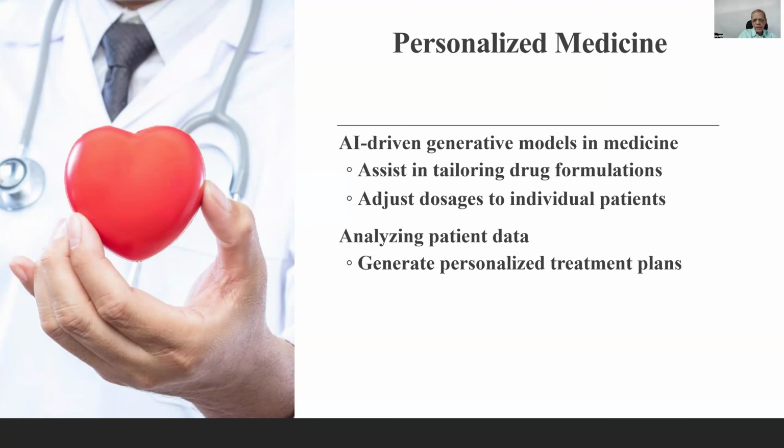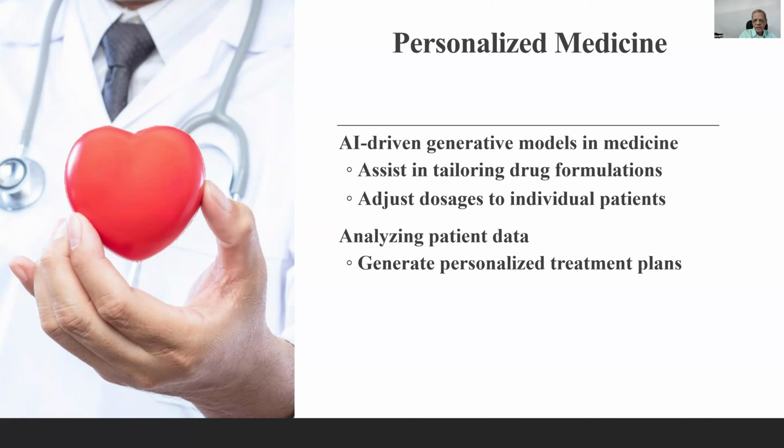Now, the pharma industry is moving towards personalized medicines, especially for rare diseases, which require high value medical treatment and pharma products. Artificial intelligence driven models for this particular medicine can assist in tailoring drug formulations for a specific type of customers or very rare diseases.